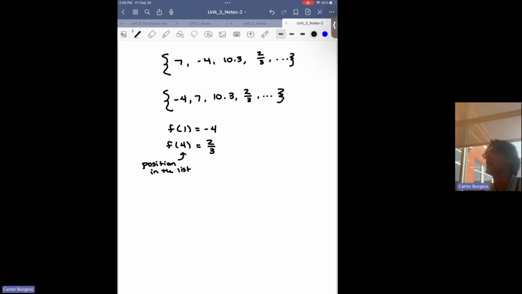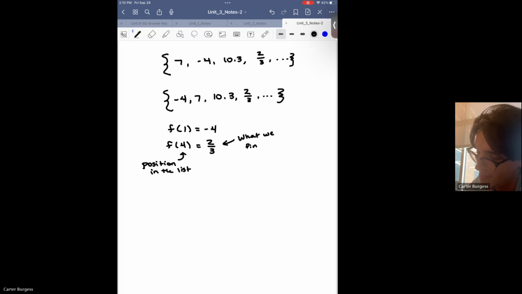If I end up at the first position, then that would be an input of 1. If I end up at the 7th position, then that's an input of 7. What are the outputs for this function? Yeah, it's the stuff that's actually in the list. It's what we find at that position.